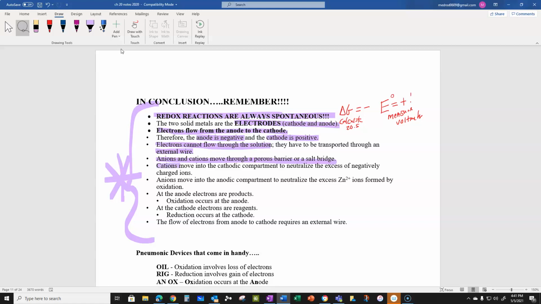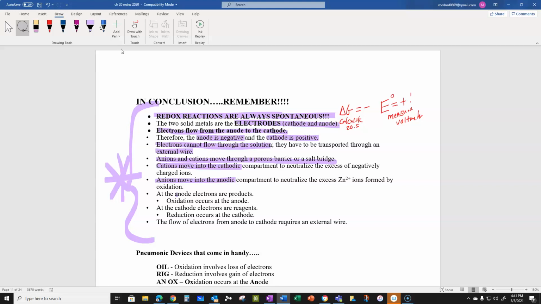The cations will always go to the cathode side, to neutralize the excess negative ions. That is very big. The anions will go to the anode side. Why? Because they're trying to neutralize the excess positive ions. Opposites attract.